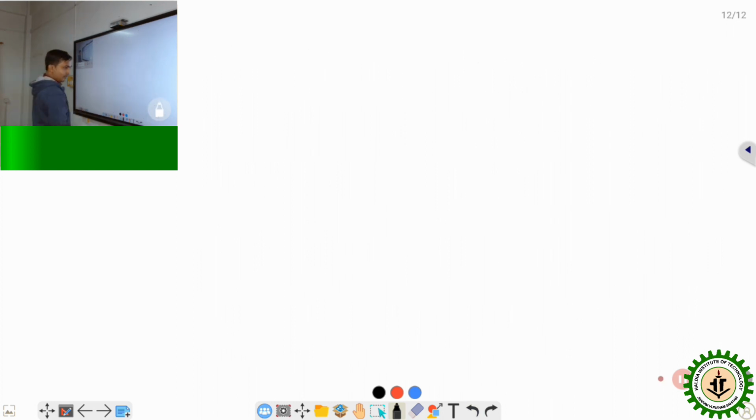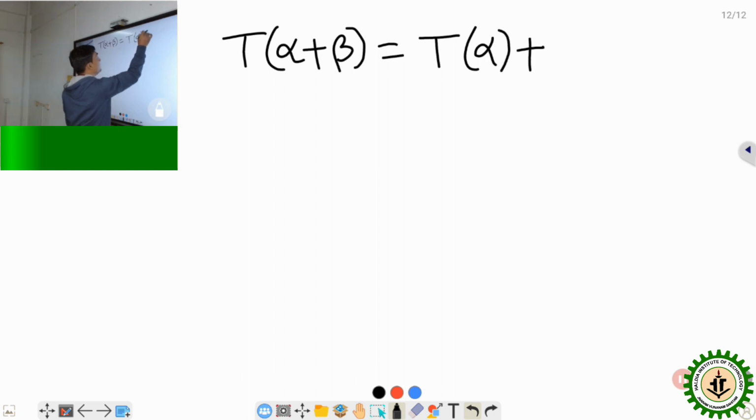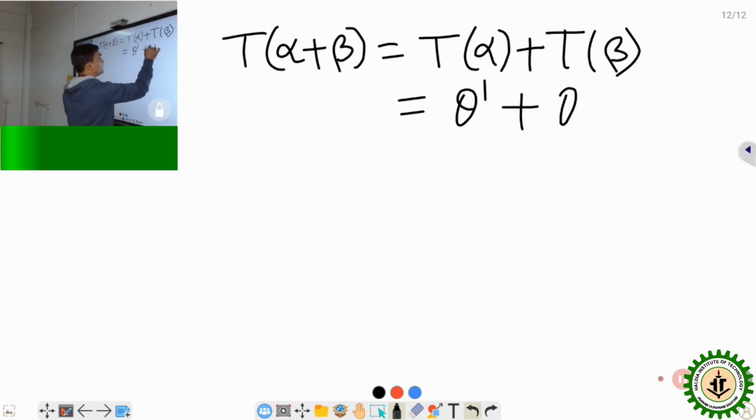Now T of alpha plus beta. Since T is a linear transformation, it must satisfy this condition: T alpha plus T beta. We already got that T alpha is theta dash and T beta is theta dash, and theta dash is nothing but null.